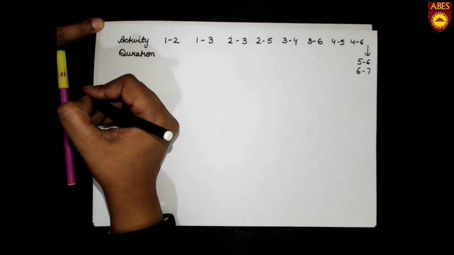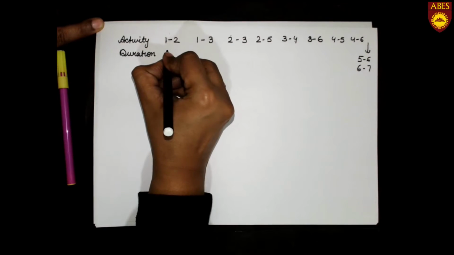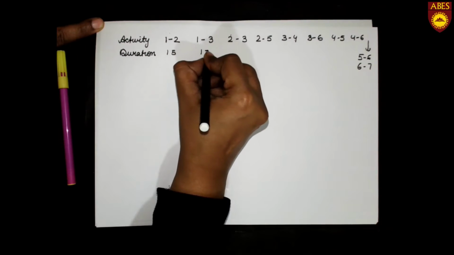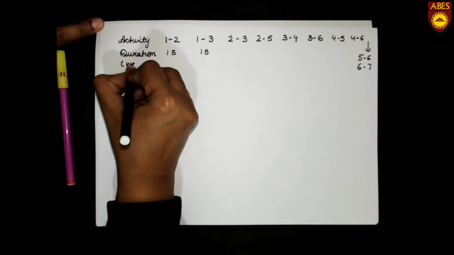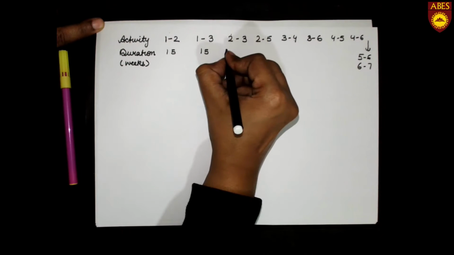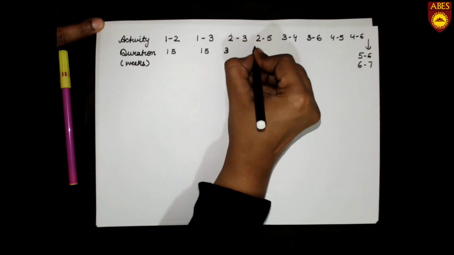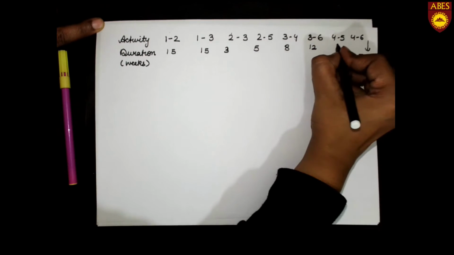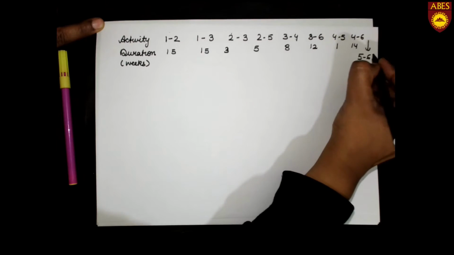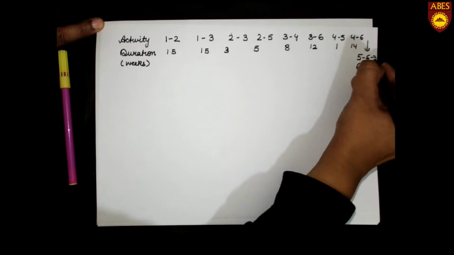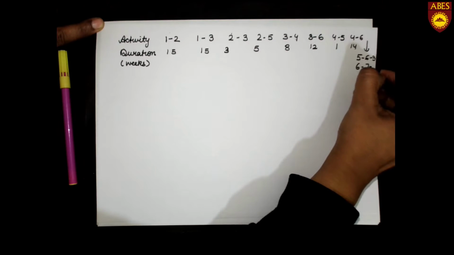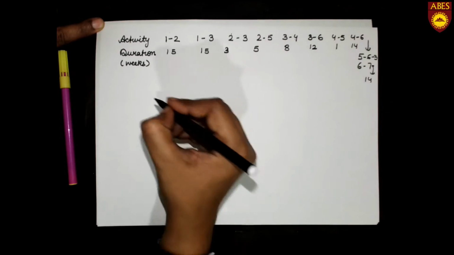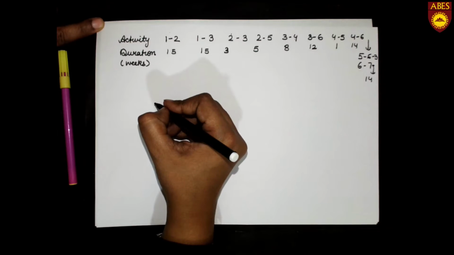There are 10 activities in it, and the duration for each activity is given. It is in weeks. 5, 6 is of 3 weeks, and 6, 7 is of 14 weeks. Now, what we have to do, there are a few steps for determining the critical path.